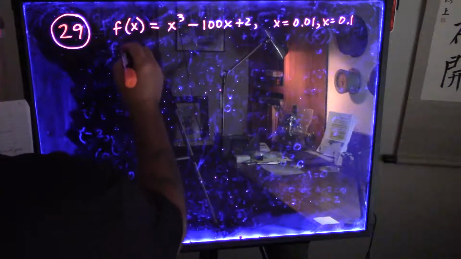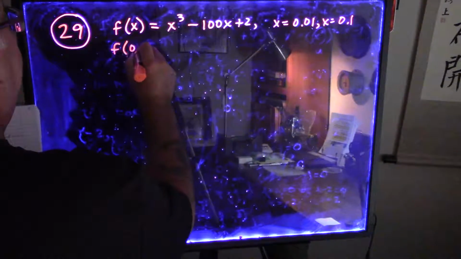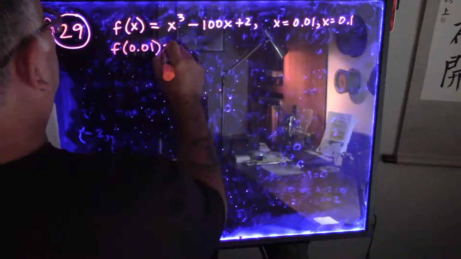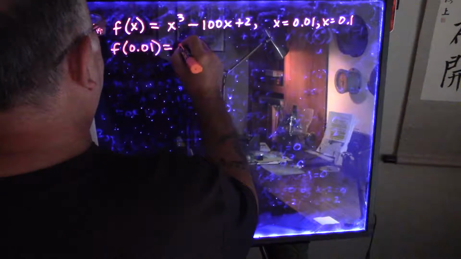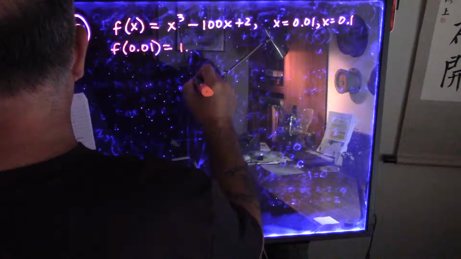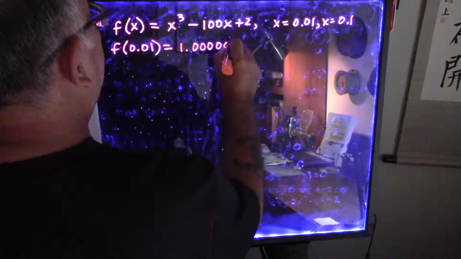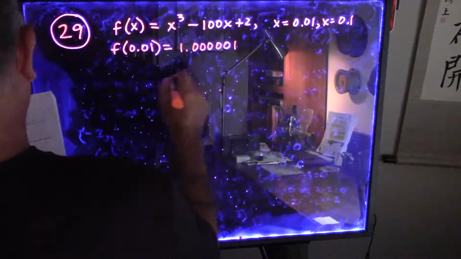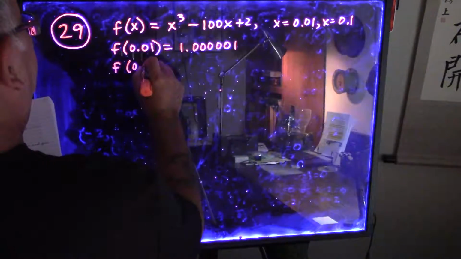Alright, so take f of 0.01, plug it in, and you get 1.0000001. And f of 0.1.